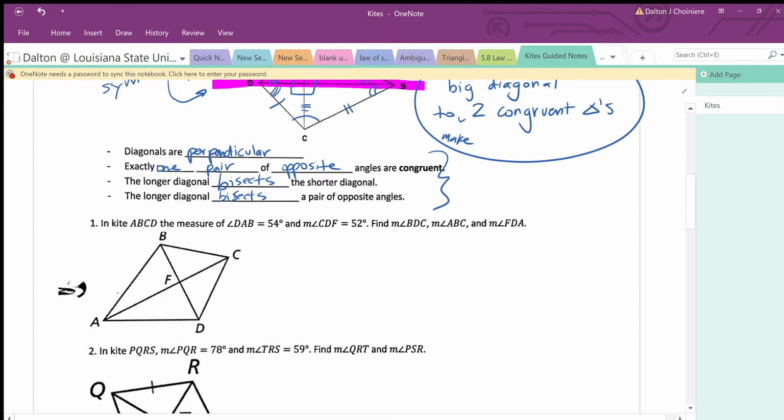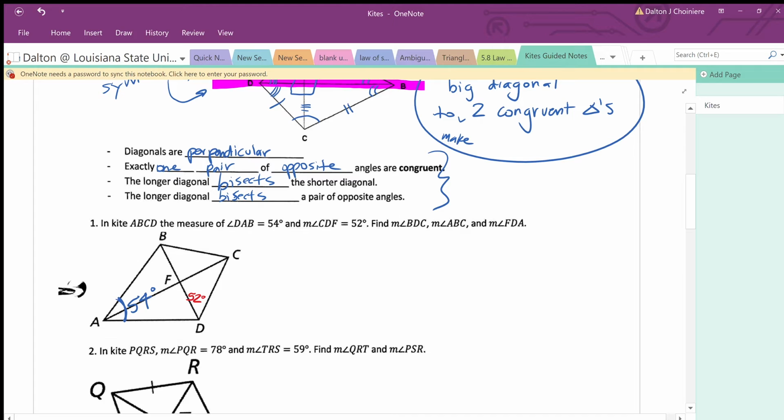DAB is this big angle, and that is 54 degrees, so both of those small angles together are 54 degrees. It also says the measure of angle CDF is 52. If you connect the dots, C to D, D to F, this red angle must be 52.